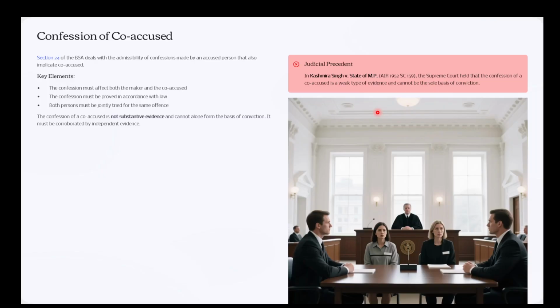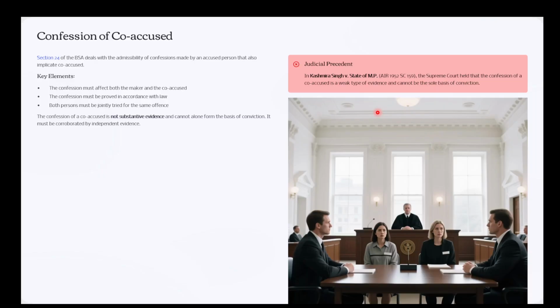The confession of a co-accused is not substantive evidence and cannot alone form the basis of conviction. It must be corroborated by independent evidence.